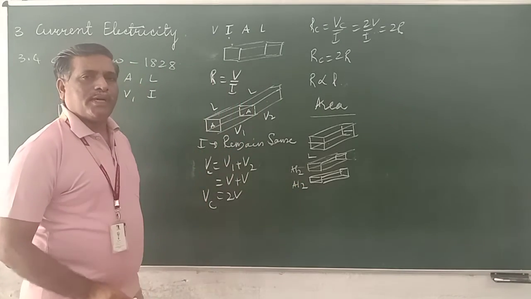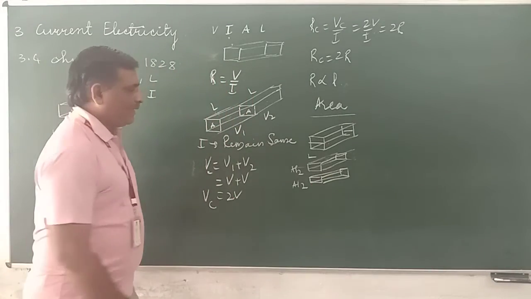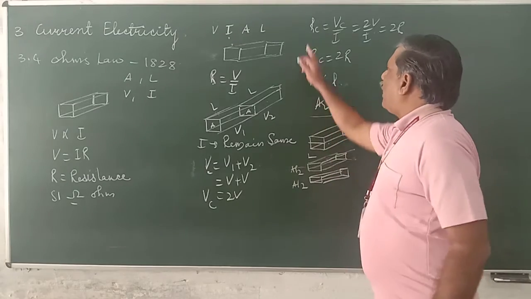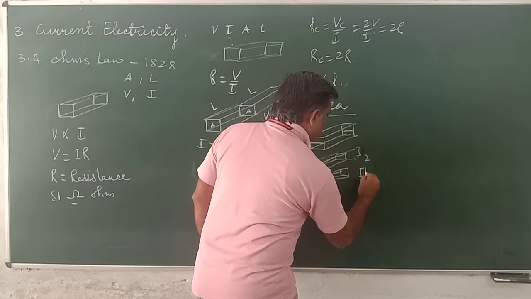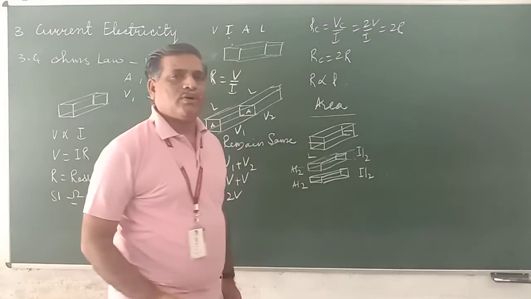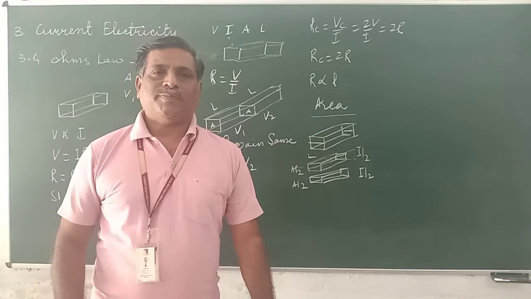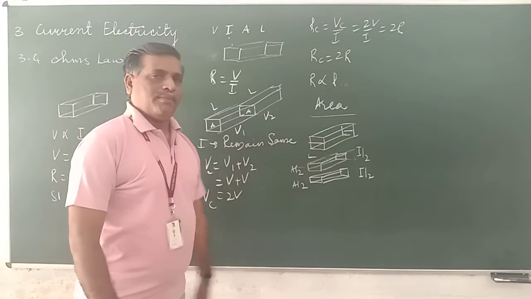When we join them together, they are in parallel. In the case of parallel, the current gets divided. The total current I becomes I by 2 through each one, because they are identical in all respects, material and dimensions.